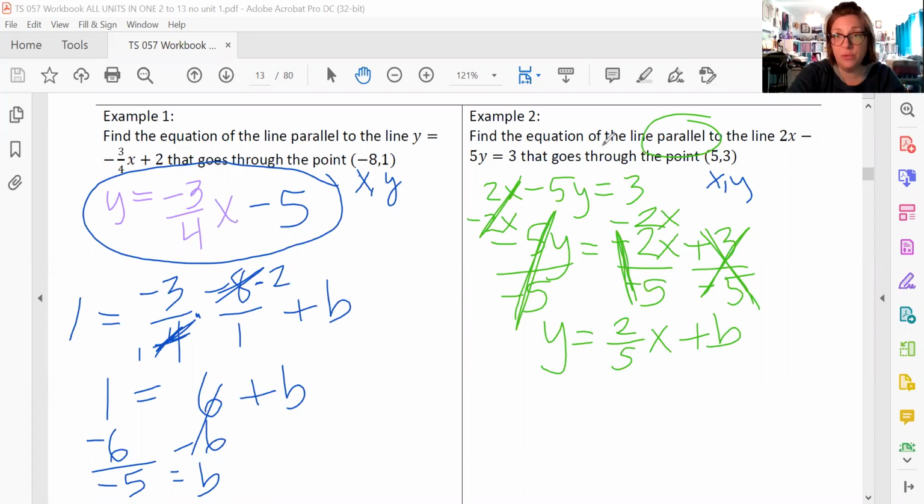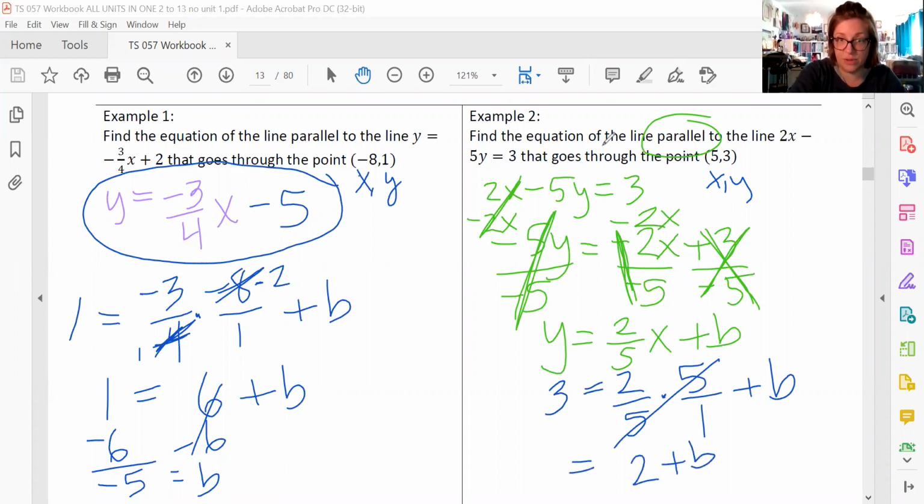The y is going to be 3 equals 2/5, and I'll plug in the 5 for the x, plus b. I have to call on my fraction skills there, so those 5s can cross cancel. 2 plus b equals 3. I'm going to subtract the 2, which means that goes away. So b is going to equal 3 minus 2, which is 1.